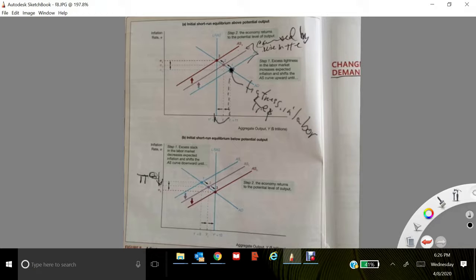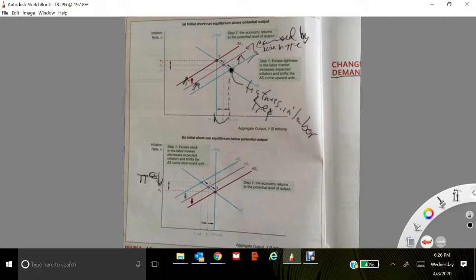We saw that an increase in expected inflation would result in the AS curve shifting up, right? That would continue.